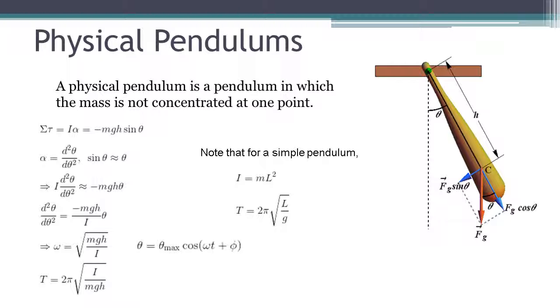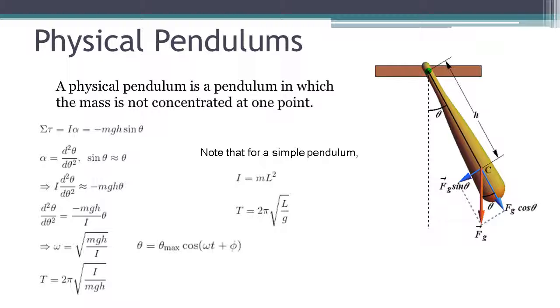And this is based off the basic equation for simple harmonic motion, which gives theta equals the maximum theta, or the amplitude, times cosine of omega t plus phi, where phi is just a phase shift constant.